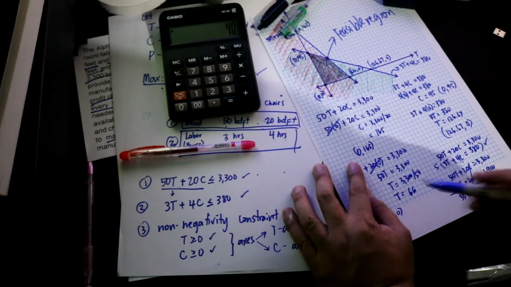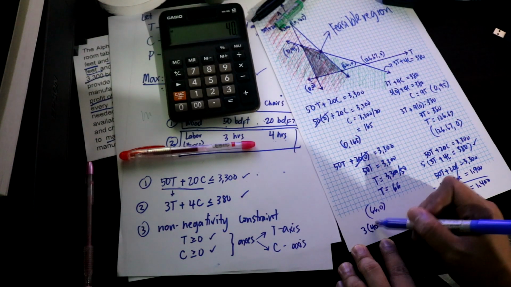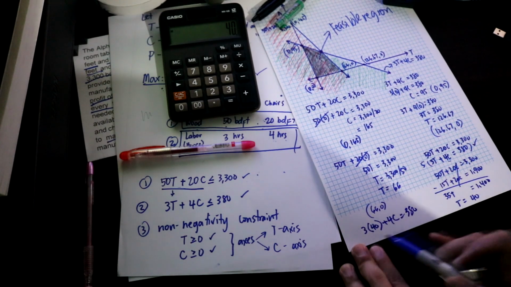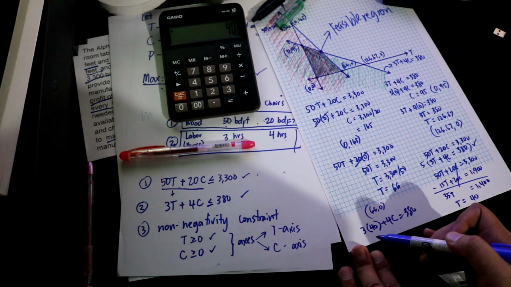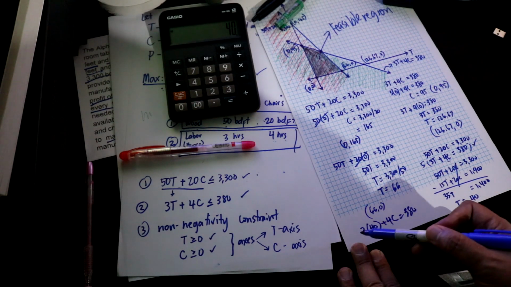So 3t, 3 times 40 plus 4c is equal to 380. 3 times 40 is 120. We transpose that to the other side. This now becomes negative.